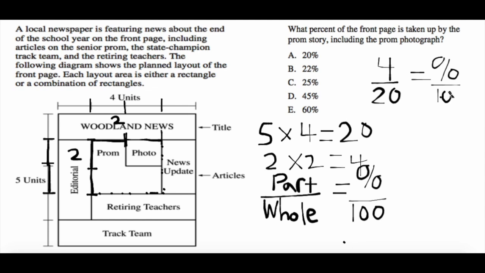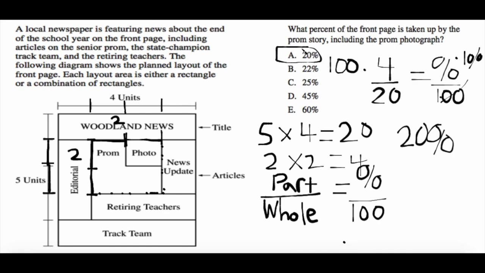Just like I showed you in the last similar example, you have to multiply by 100 on this side in order to get the percent by itself. And whatever you do to one side, you also have to do to the other. So I'm going to multiply by 100 over here as well. In other words, all I'm doing is 4 divided by 20, multiplied by 100, and that tells me that 20% is the right answer. So what percent of the front page is taken up by the prom story, including that prom photograph? It is exactly 20%. So hopefully this all makes sense.